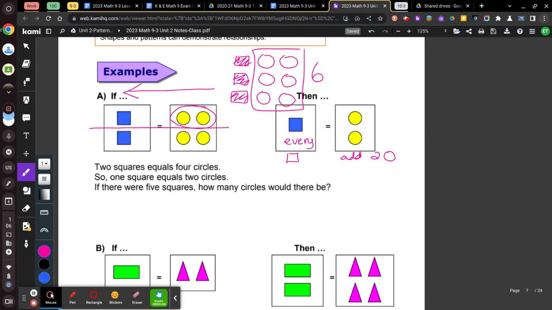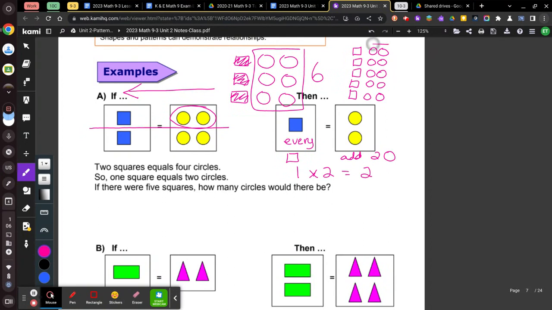So what if I said to you, I've got 5 squares? Okay, so if I have 5 squares, I need to continue the pattern. So I'm going to put 2 circles for each one. So what am I actually doing to the digit? If 1 is equal to 2, if I take 1 and multiply it by 2, I get my answer.